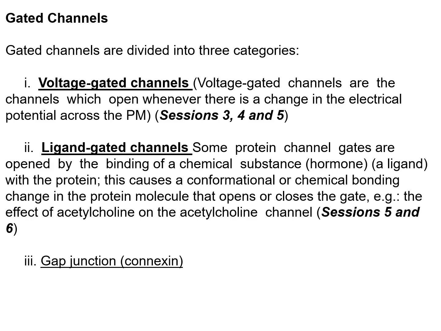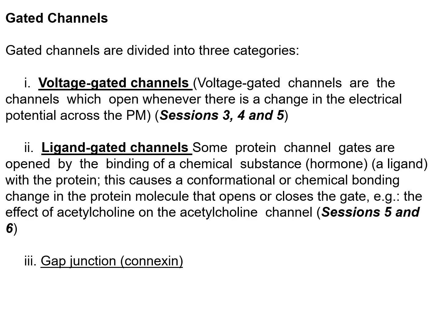We have this channel on the plasma membrane, and these channels are usually closed, but they have a receptor for the acetylcholine neurotransmitter. When acetylcholine binds to that receptor located on that channel, it leads to a shape change and channel opening, which is very important for the nerve impulse and muscle contraction.